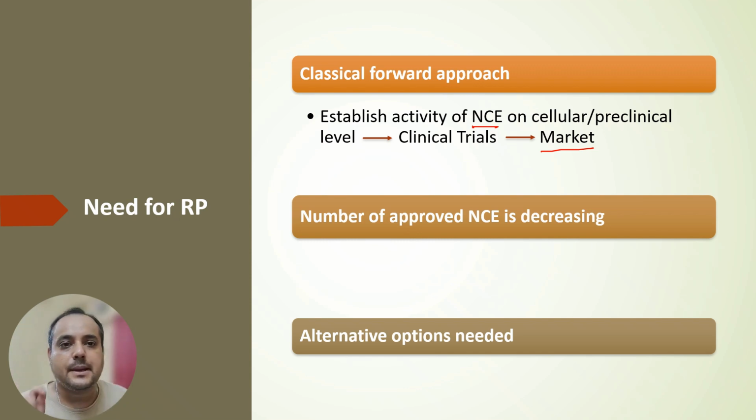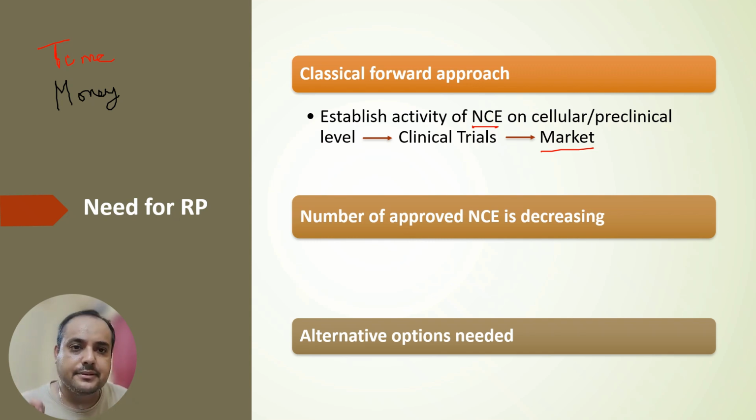But the problem with this approach is that it takes a lot of time. That is the first problem. The second problem is that a huge amount of money is involved. The cost of research has gone up very much, and a lot of new compounds can be screened because of the advent of high throughput screening and similar processes, right?